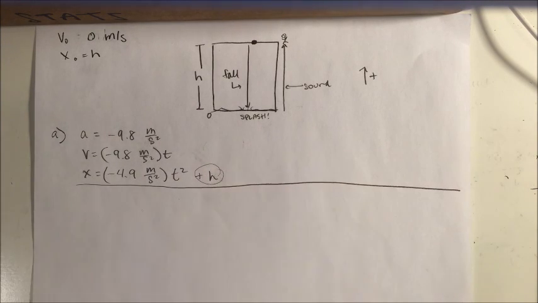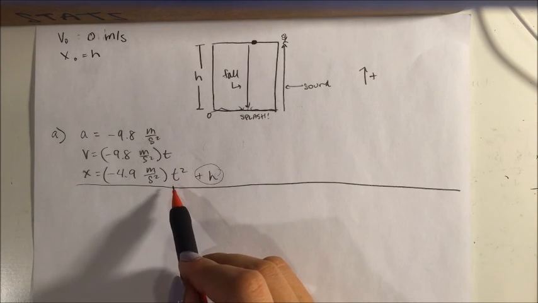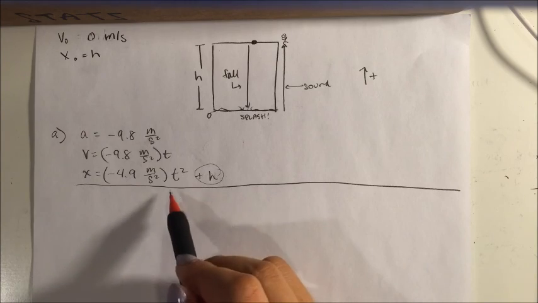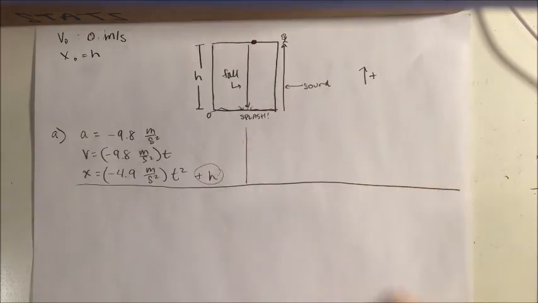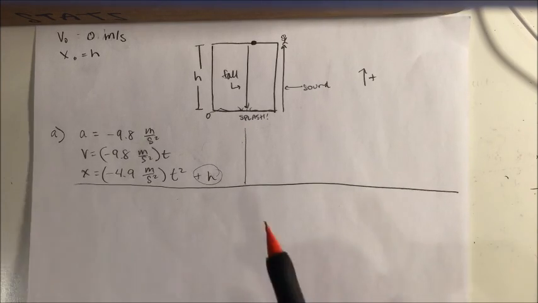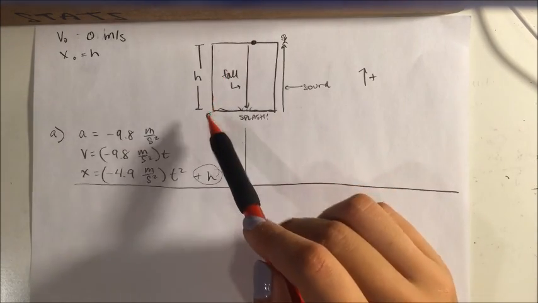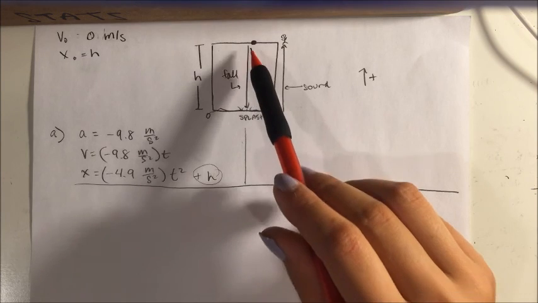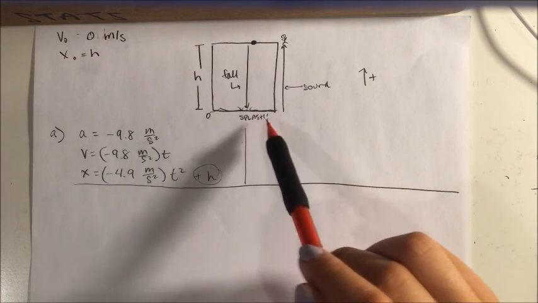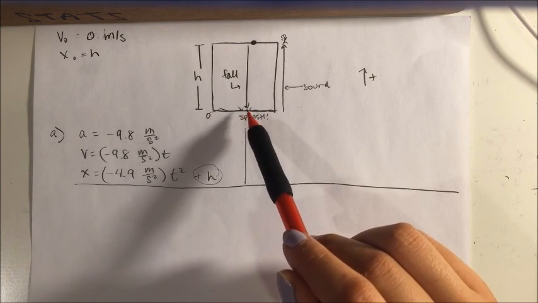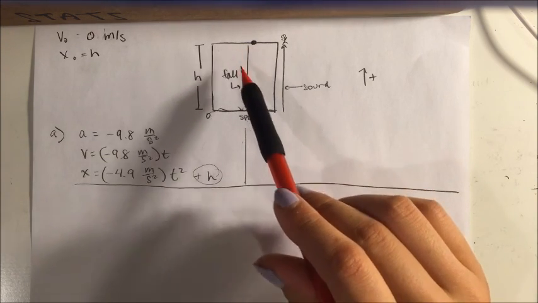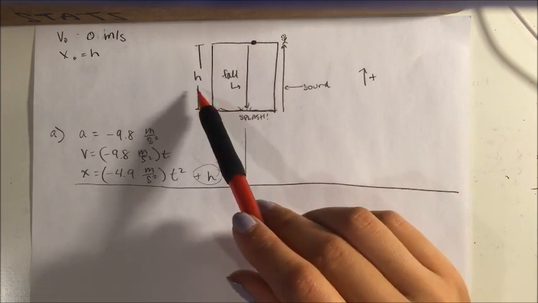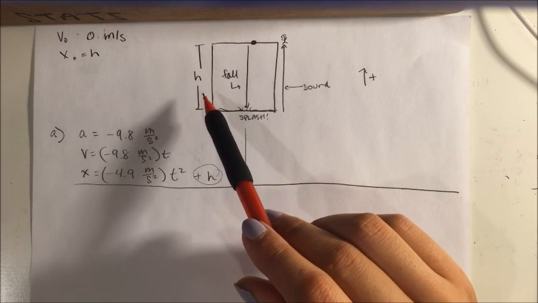Before we go into solving for H, I'm going to talk a little bit about T. We want the amount of time for this rock to fall exactly to 0. We want to represent that moment just before the splash, because at that time, the rock has fallen H meters.